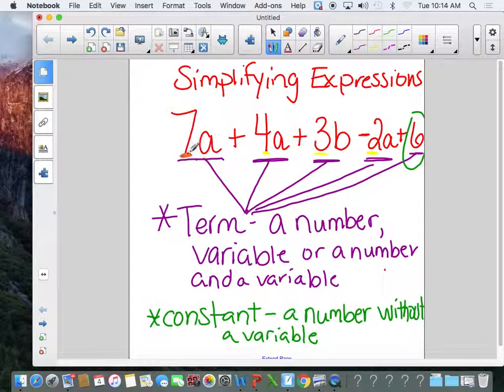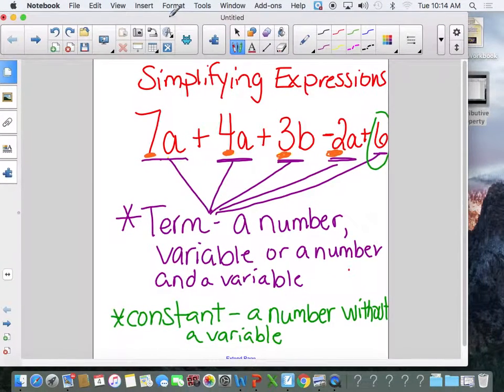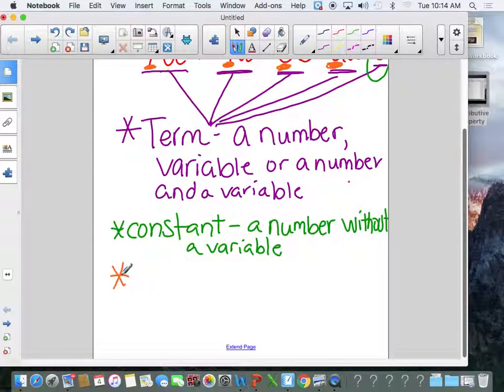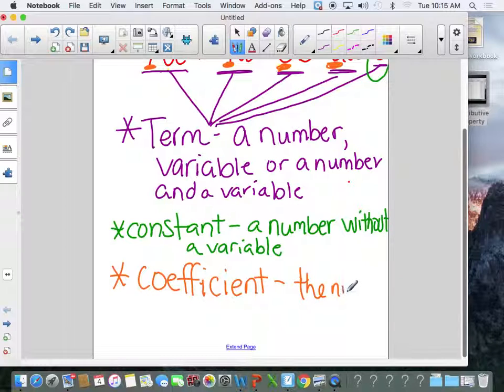And I'm just going to simply make sure I put a circle at the bottom of those so I know what I'm talking about in that color. That's orange. Do we do one under the 6? No, it does not. It doesn't have a variable with it. Coefficients are only the numbers that are in front of the variables. Coefficient. It's the number in front of the variables.